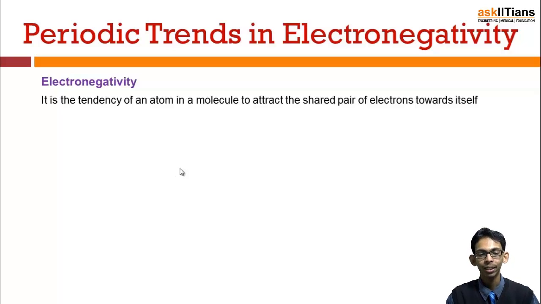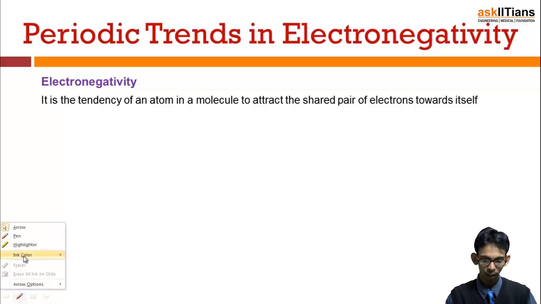But the difference is that electron affinity is the property of a gaseous isolated atom, but electronegativity is the property of an atom in a molecule. So electronegativity is the tendency of an atom in a molecule to attract the shared pairs of electrons toward itself. Let's understand this with an example.